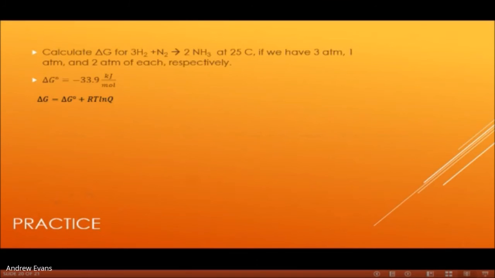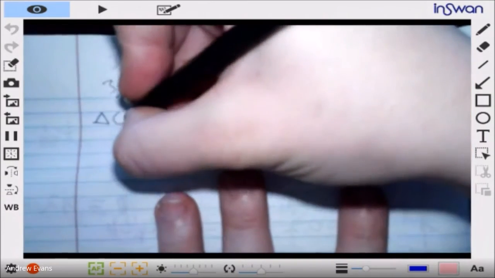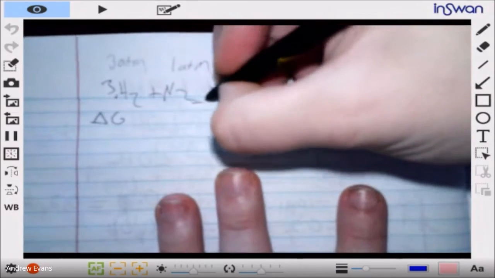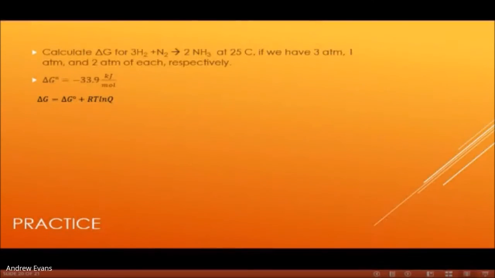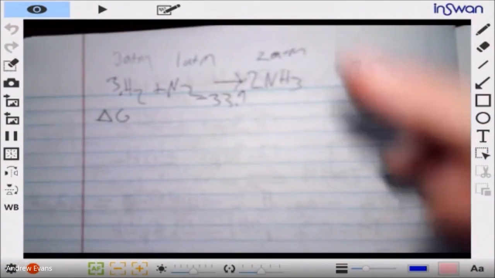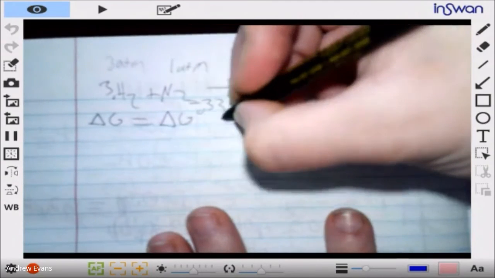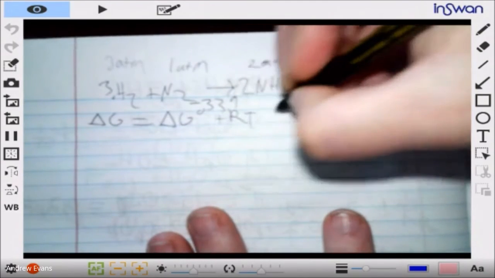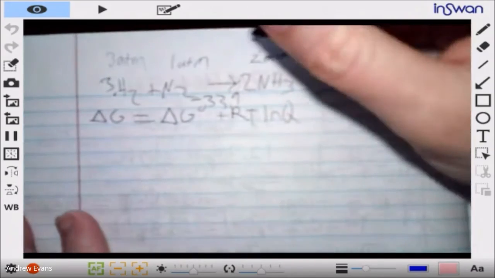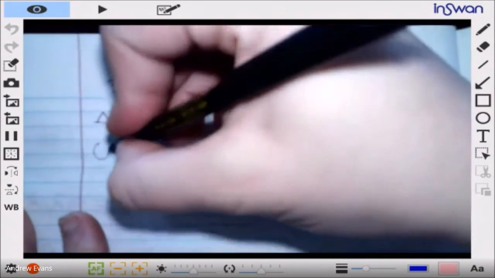So let's go to our delta G, what was it? Negative 33.9. Delta G non-standard is equal to delta G standard plus RT ln Q. Remember how we set up our Q? Our Q is equal to products over reactants.